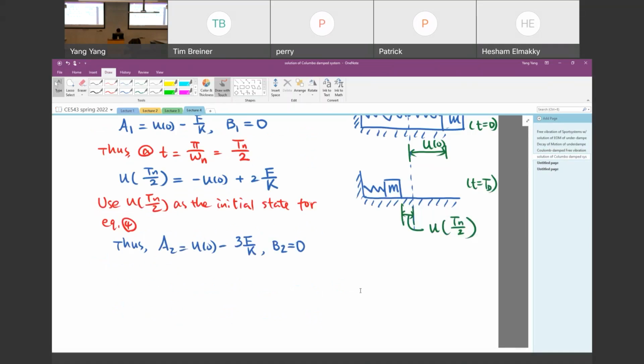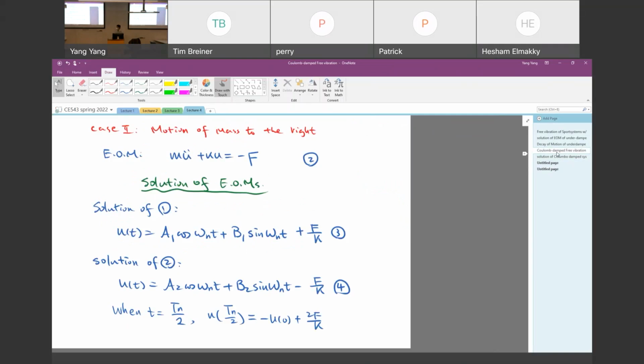So now we can combine both equations, equation 3 and 4.